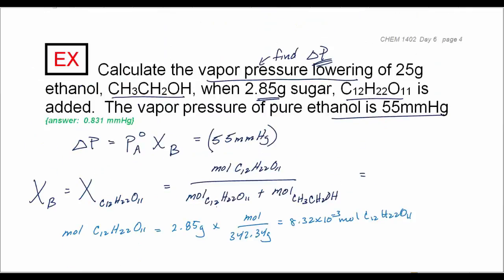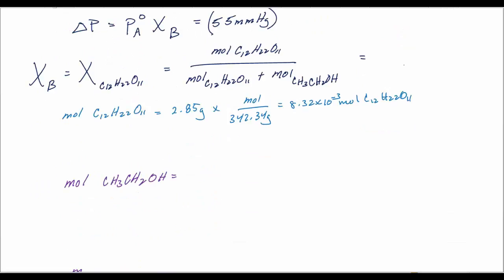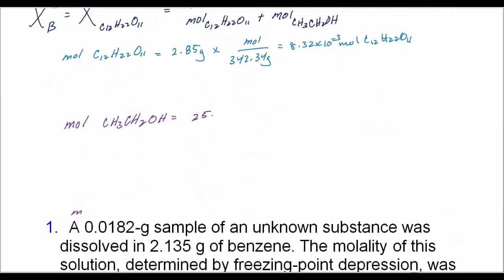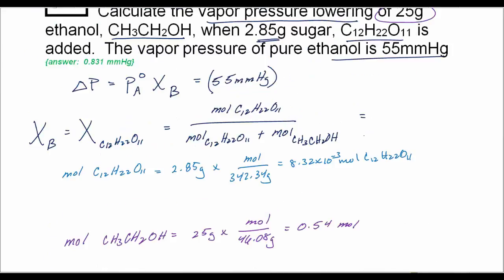So this ethanol, how much did I have? I had 25 grams of ethanol. About 46.08. Oh, 0.54 moles. Okay, let's put that stuff in. Moles of the sugar, 8.32 times 10 to the negative 3, divided by 8.32 times 10 to the negative 3 plus the ethanol, 0.54.